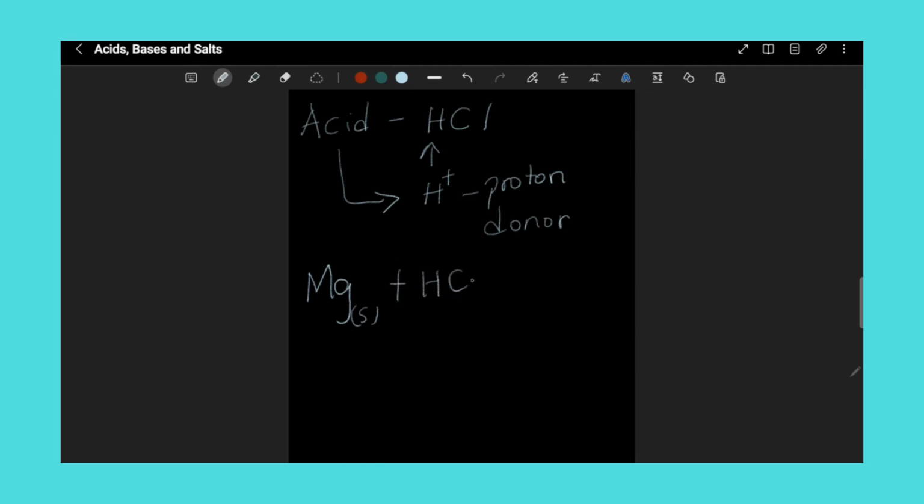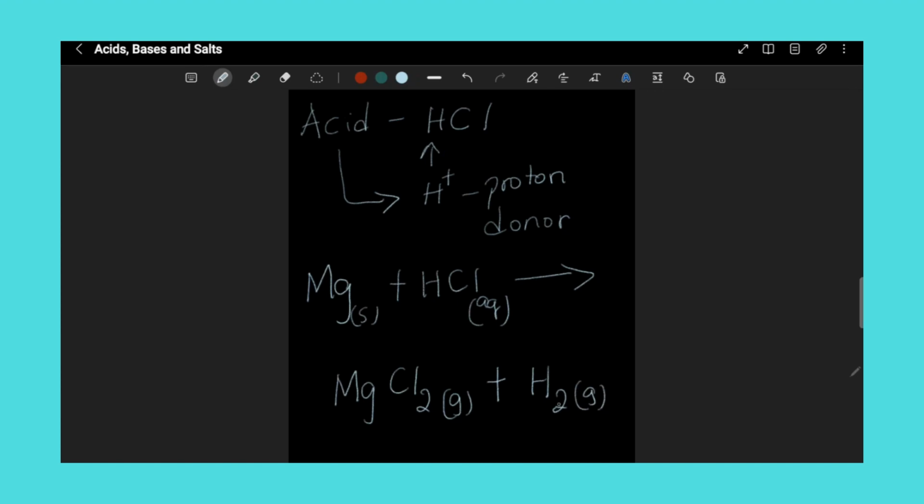We have our acid, again in the aqueous form. When that reaction is complete, we will have magnesium chloride, MgCl2. So that acid gave off its hydrogen ions, and these hydrogen ions form the hydrogen gas.